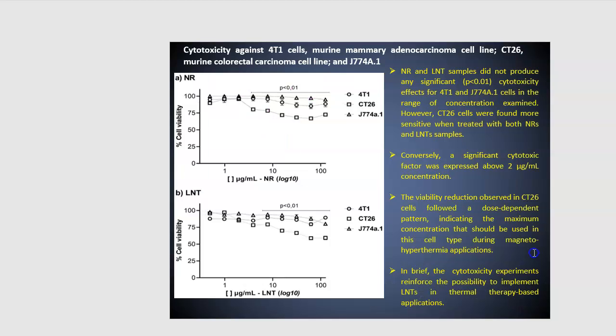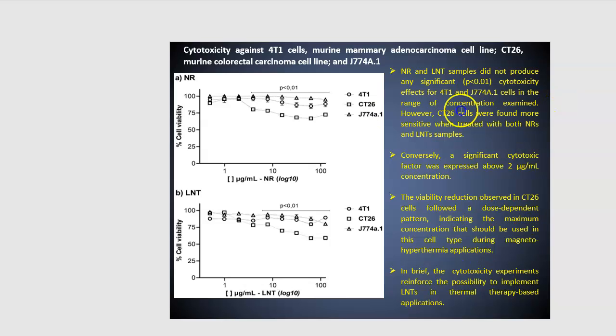And this is the cytotoxicity that we measured against three different cell lines: 4T1, CT26, and J774A.1.